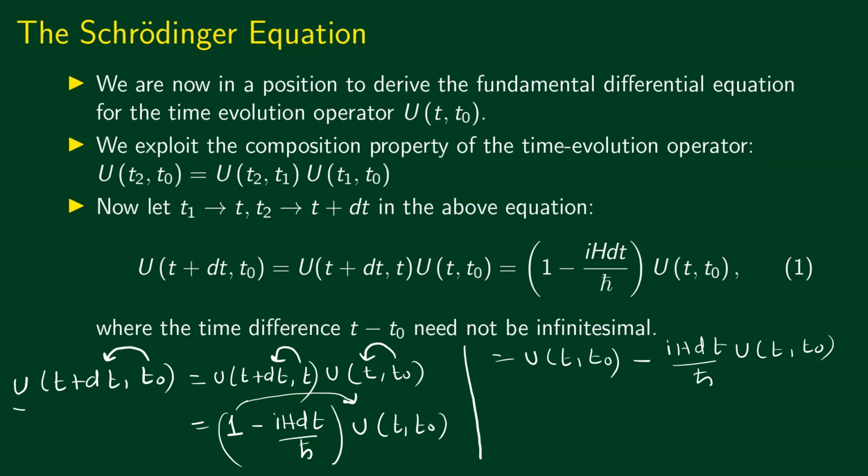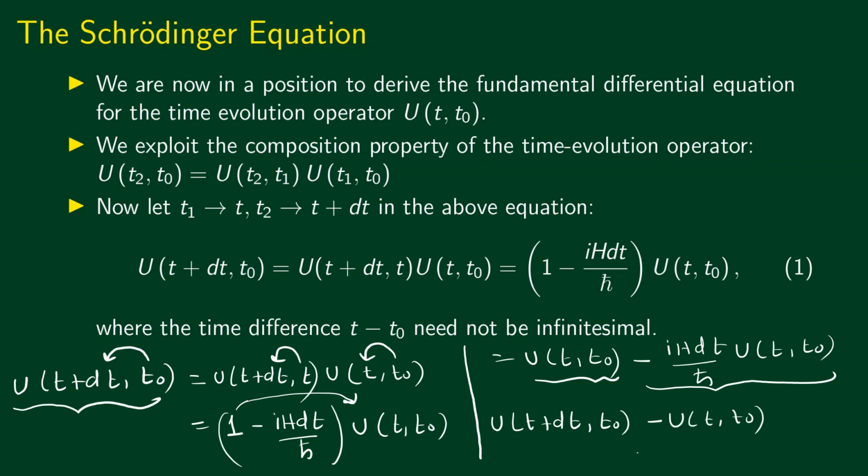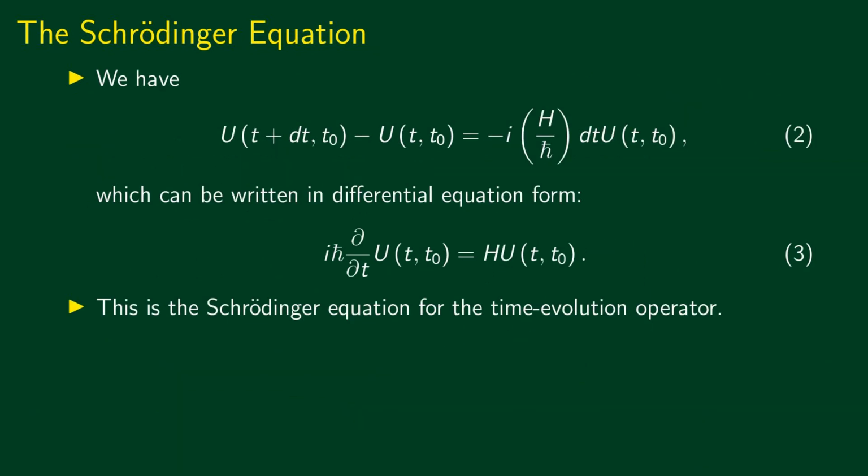So on the left hand side you have U(t + dt, t0), which is equal to U(t, t0) minus iH dt/ħ U(t, t0). We can rearrange this and write U(t + dt, t0) minus U(t, t0) equal to minus iH dt divided by ħ U(t, t0). That's what we have here.